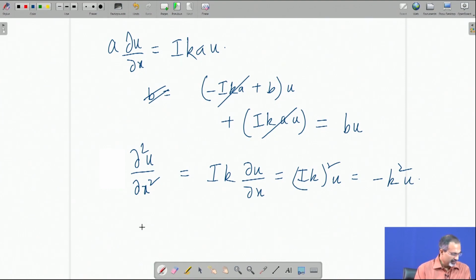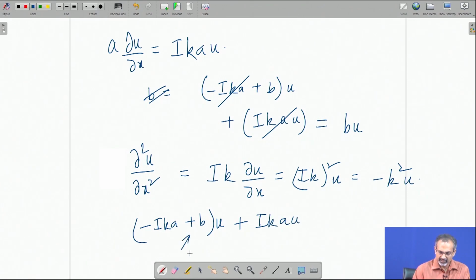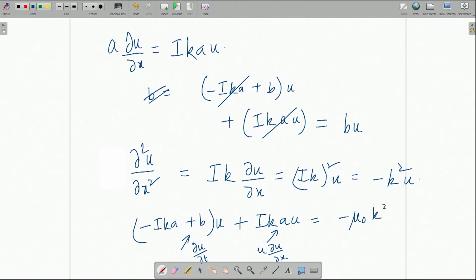We had minus I k a plus b into u on the left hand side coming from the temporal derivative, then I k a into u coming from the spatial derivative. This is del u del t, this is a del u del x, and on the right hand side you now have minus mu naught k square u. As we showed, we will be left with b times u on the left hand side and minus mu k square u on the right hand side, which gives you the value of b, which is minus mu naught k square.